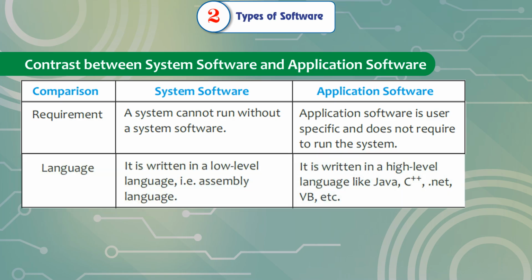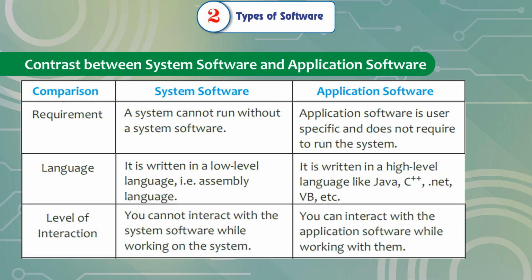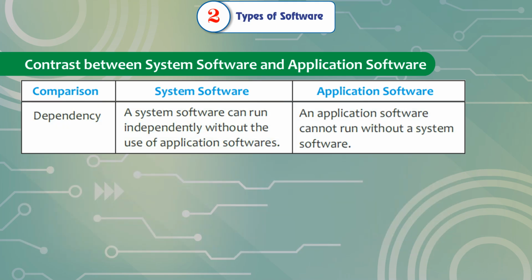Language: it is written in a low-level language, that is, assembly language. It is written in a high-level language, like Java, C++, .NET, VB, etc. Level of interaction: you cannot interact with the system software while working on the system. You can interact with the application software while working with them.